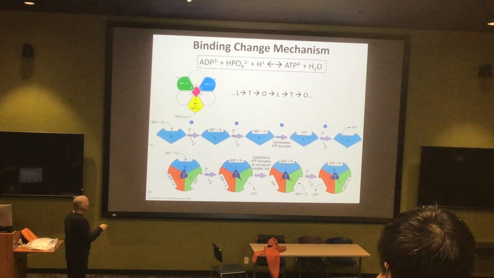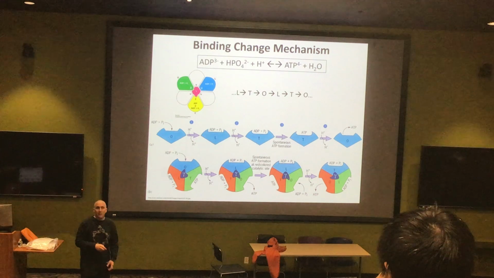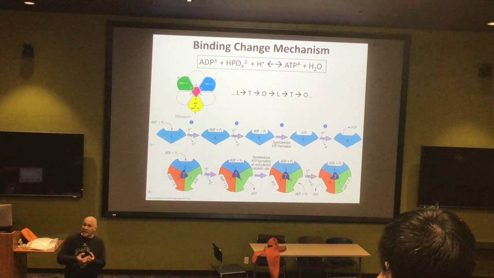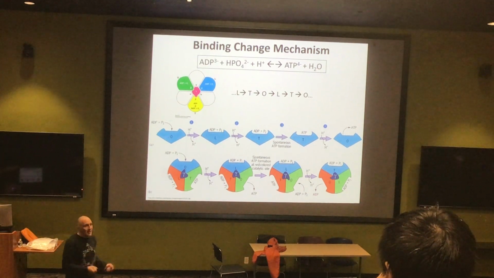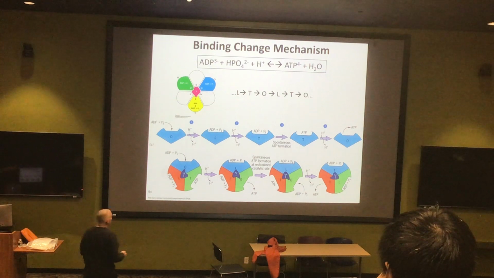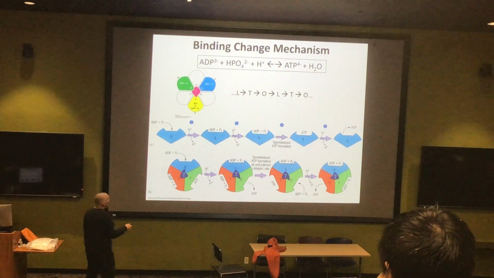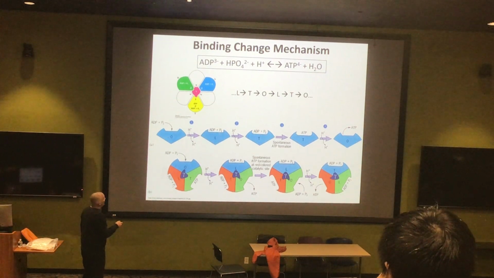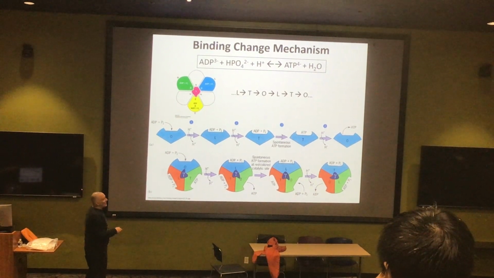We now increase our affinity for ADP. This is a conformation that has an increased affinity for ADP and inorganic phosphate, so it cannot leave. Another proton comes in, takes us into tense. Our affinity for ADP is low, our affinity for ATP is higher.